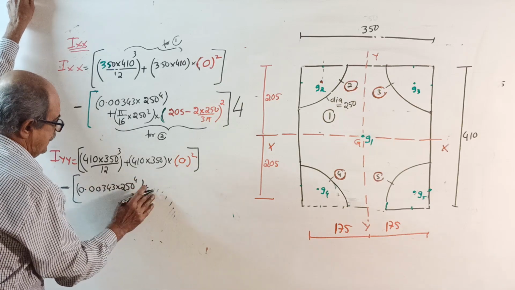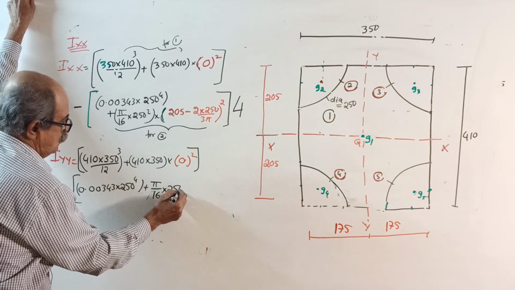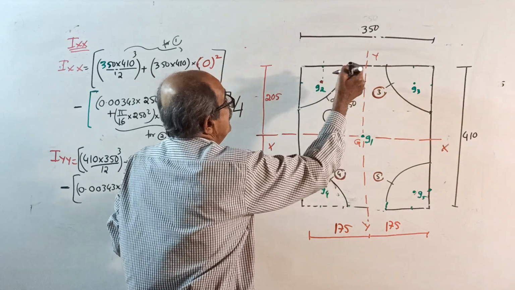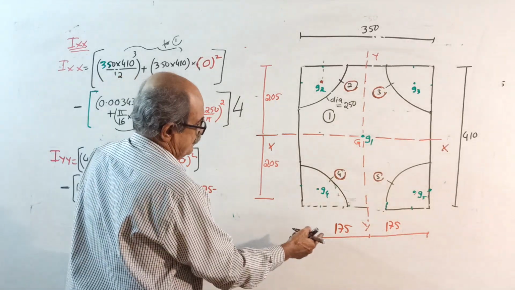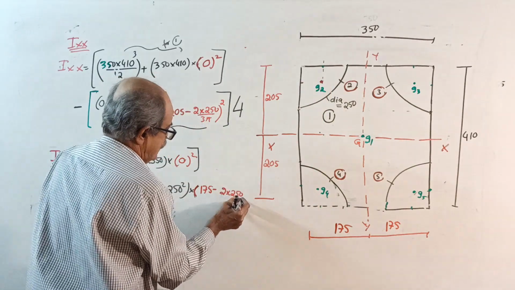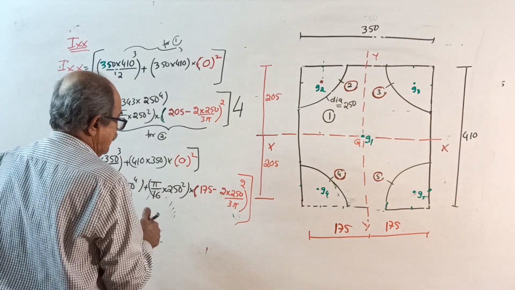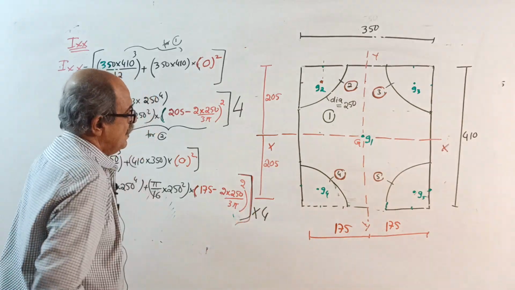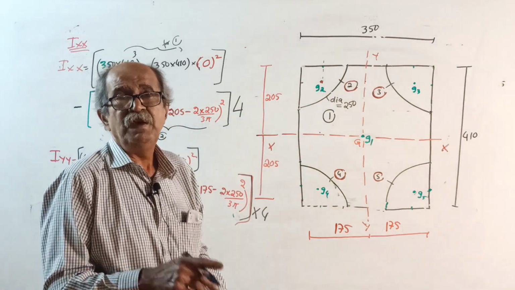You always use a bracket, plus area, pi by 16 into 250 square is the area, into this distance squared, which is 175, minus this distance once again, 2 into 250 divided by 3 pi, whole squared. Whatever you get is the complete answer. This is for 2, same for the rest, multiply by 4. So I about YY for 1 minus 4 times I about YY for 4. Make a note now.